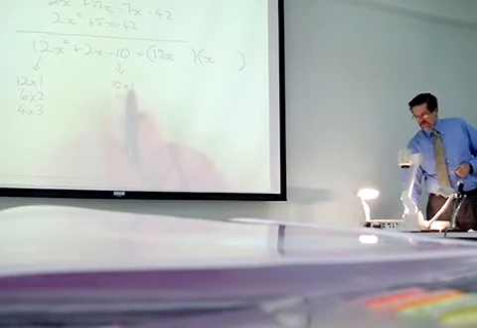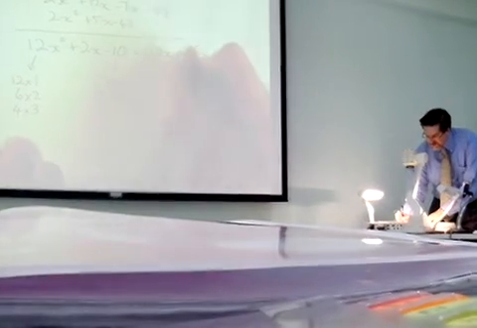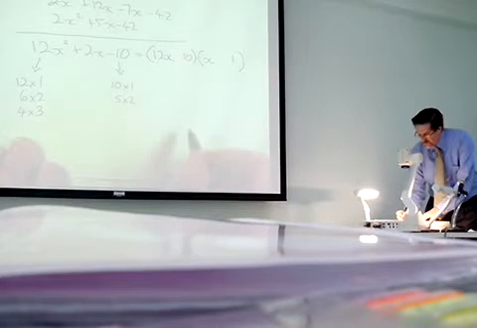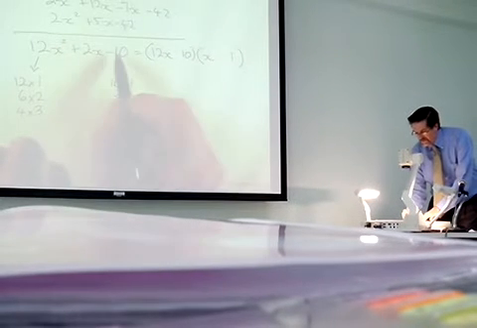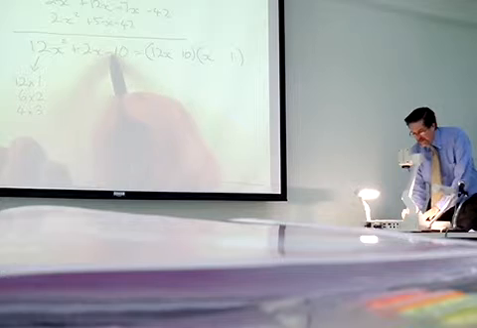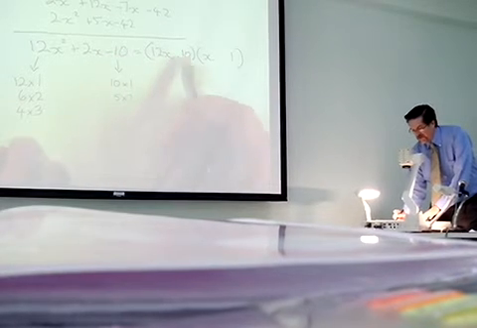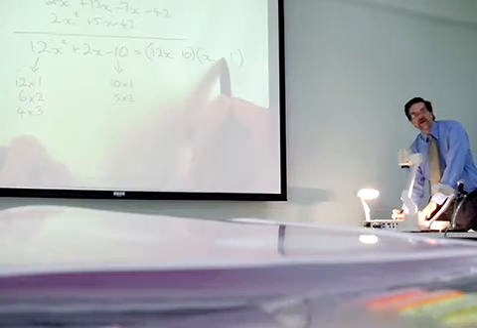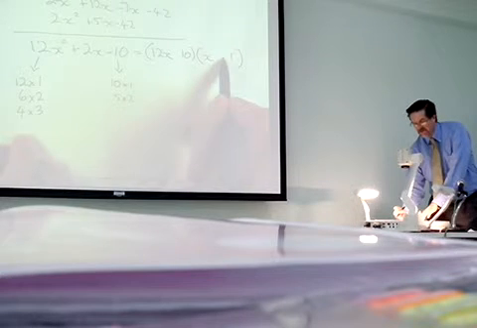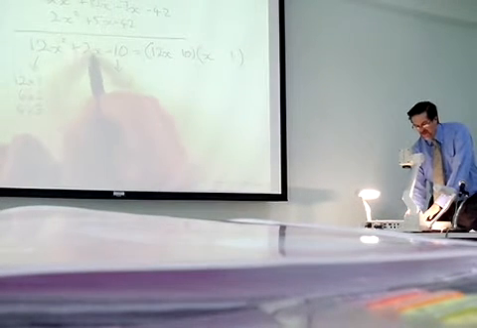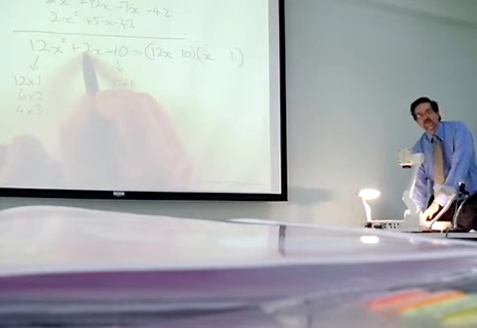Well, that seems as if it might work, right? 10 and 1. So we have minus 10. So one of these has got to be plus and one minus, right? And when added up, we want plus 2x.